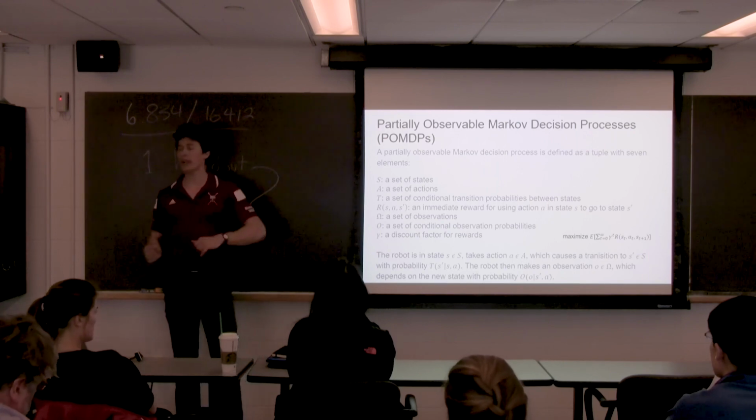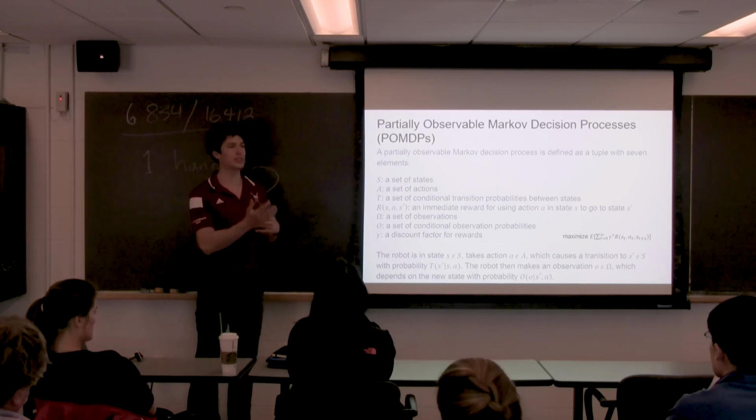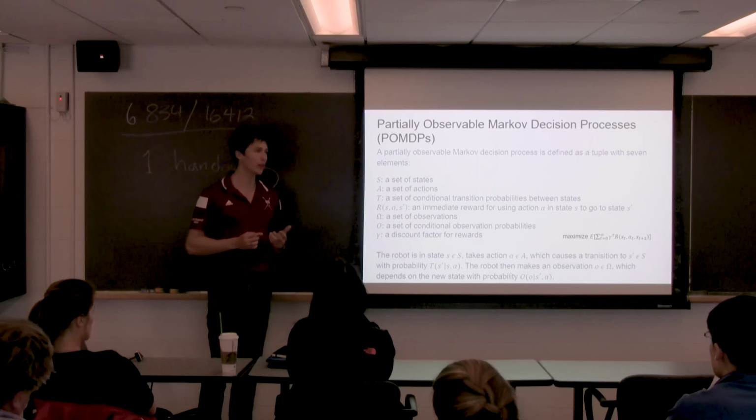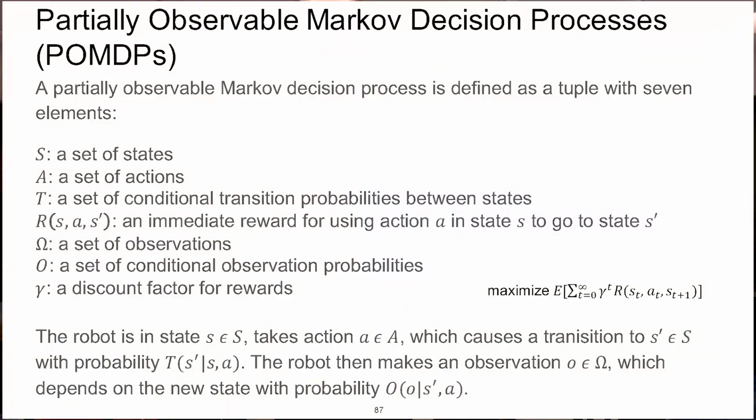This sounds really hairy, but if we work through a sample iteration of living in a POMDP world, it's not too bad. You start at some state S, you take an action A. With some probability, you're going to end up in a bunch of different states based on your transition model. At that point, we can use the lessons we learned from MDP land, where we said when we make observations, we reduce our uncertainty, collapsing into a single state. So we take an observation.